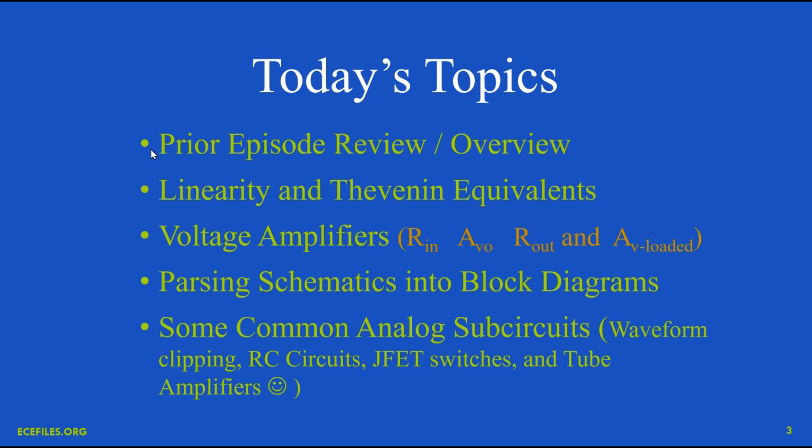We've leveraged voltage dividers that we saw in episode 3, introduced linearity in Thevenin equivalent circuits, looked at how voltage amplifiers can be modeled and simplified, and learned how to parse schematics into block diagrams. Along the way, we met some common analog subcircuits, not everyone by any means, but many of the common analog subcircuits, including RC circuits, coupling capacitors, tone control circuits, and so forth, and JFET switches and tube amps.